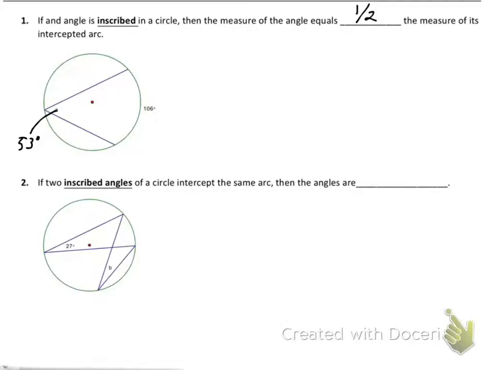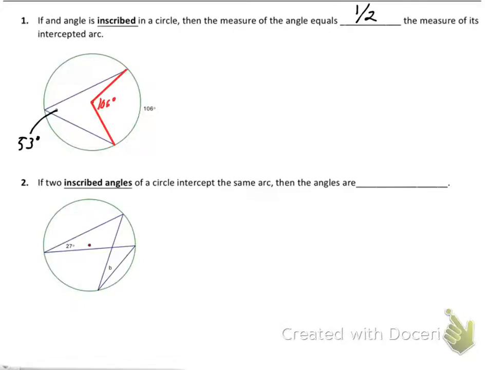But just remember, don't forget about the fact that a central angle, if I drew a central angle, that central angle would equal 106. So central, exactly the same as the arc is created. Inscribed, half. Half that length. And this is the big guy that we're going to use for almost all of these other ones, because all the other ones are just offshoots of this one.